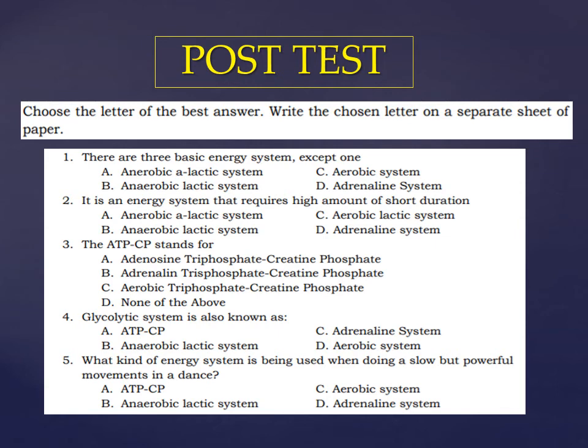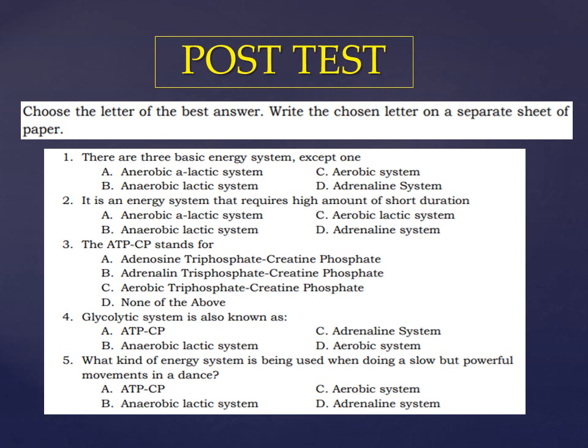For your post-test, choose the letter of the best answer. Write the chosen letter on a separate sheet or in your notebook and journal. Number 1. There are 3 basic energy systems, except one. A. Anaerobic alactic system. B. Anaerobic lactic system.